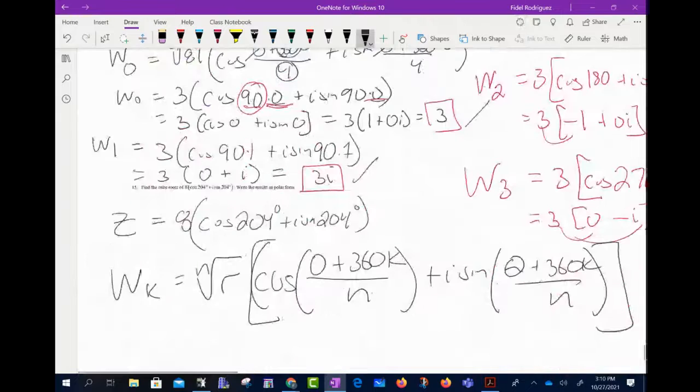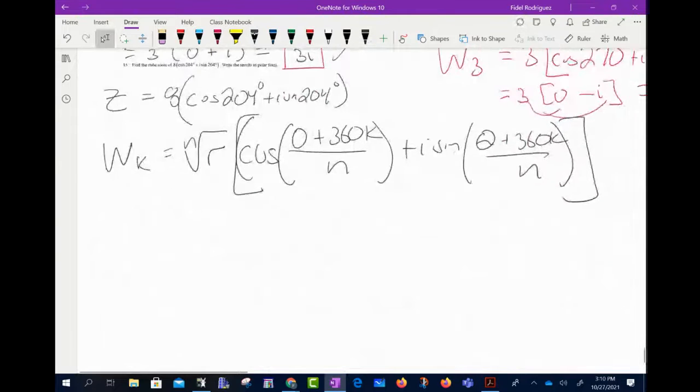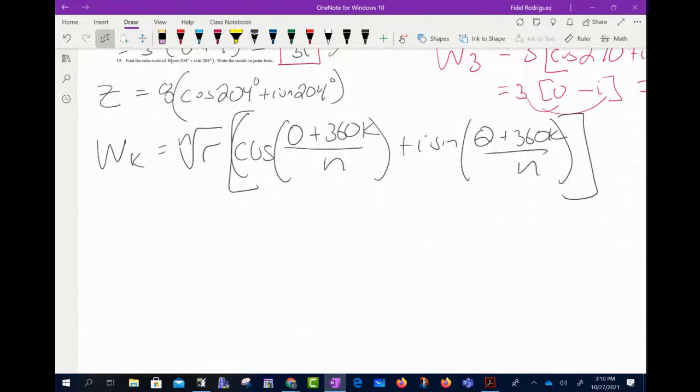Yep, we're good. So remember what we're looking at here: the cube roots. So my n is equal to 3. It's theta, sorry. Because we're looking at the cube root, this tells me n is equal to 3. And so we're going to have 3 answers: one when k equals 0, one when k equals 1, and one when k equals 2. The largest k is always 1 less than n.